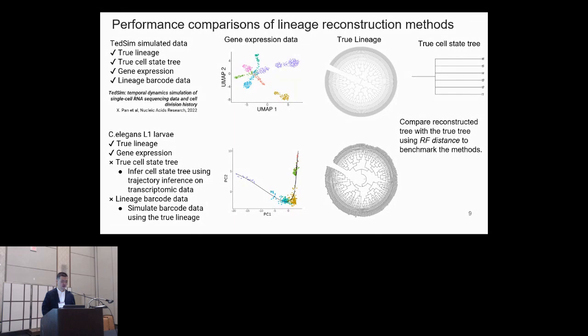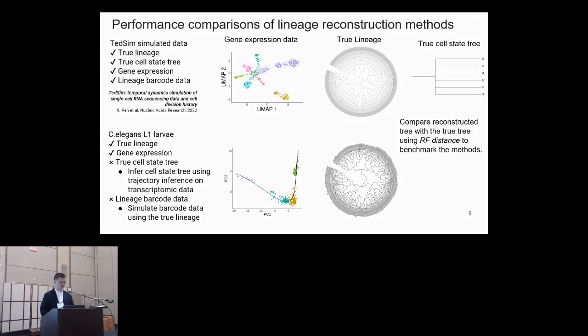Unfortunately, we don't have the lineage barcode data, so we use a simulator to generate the lineage barcode data based on the true lineage. We also infer the cell state tree using the Slingshot method from the gene expression data. In the end, we compare the reconstructed tree with the true tree using a metric called RF distance.